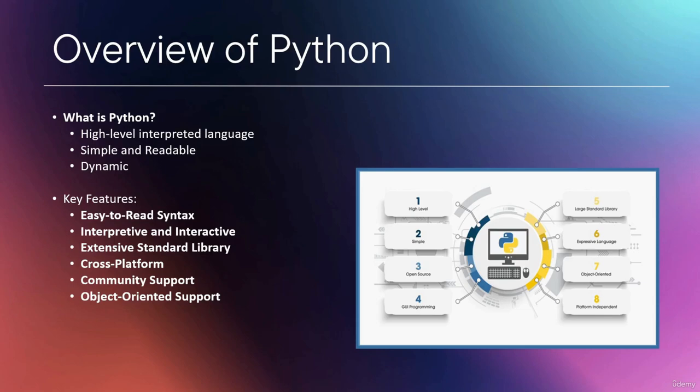Then it also has a lot of community support. This is really important because it is really helpful if we have a bigger community. What a community basically is, is the number of users who are using Python. Python is a very popular language, so a lot of people around the world are using it. They make different programs in Python, and if they run into a problem, let's say someone says, okay, I have this problem, I cannot solve it, they post it on the internet and ask for help.